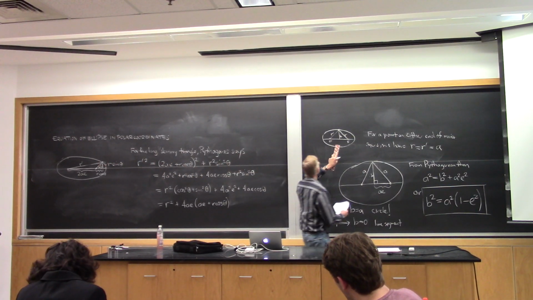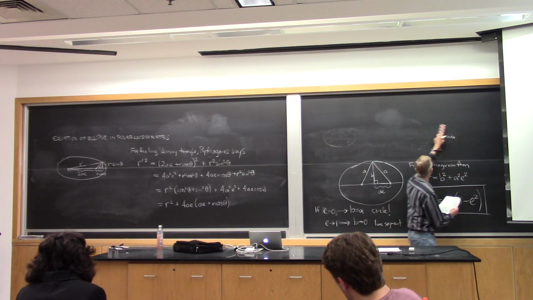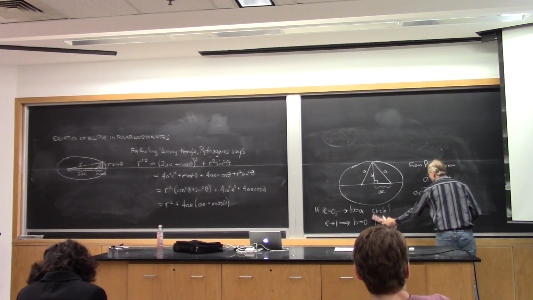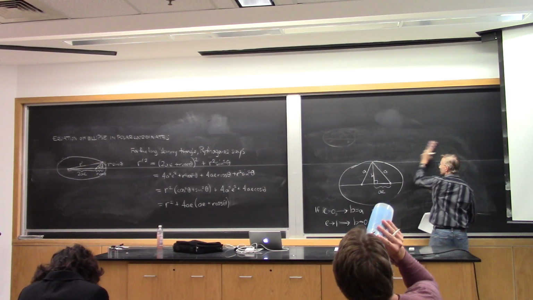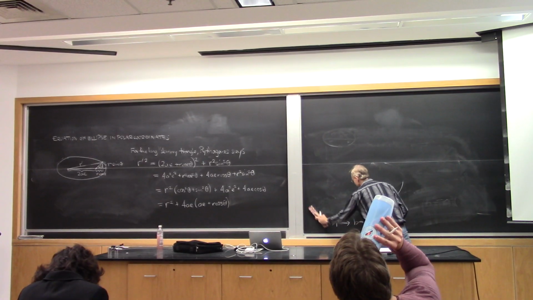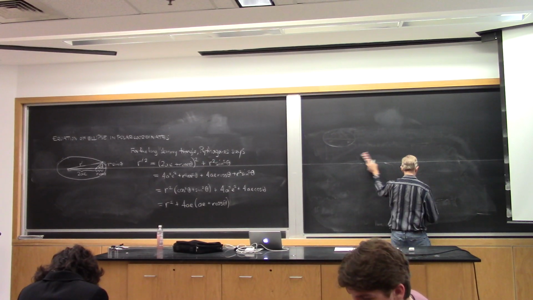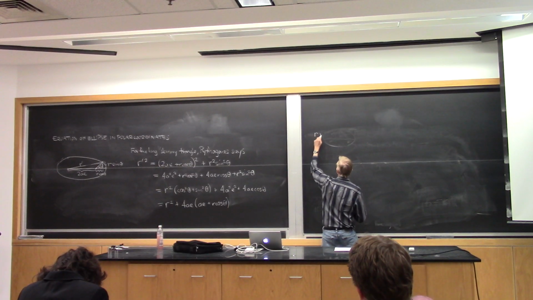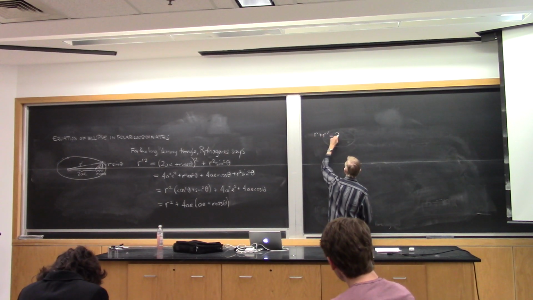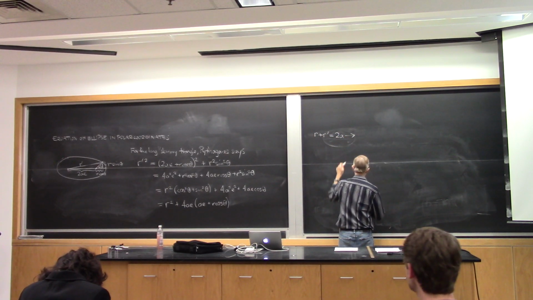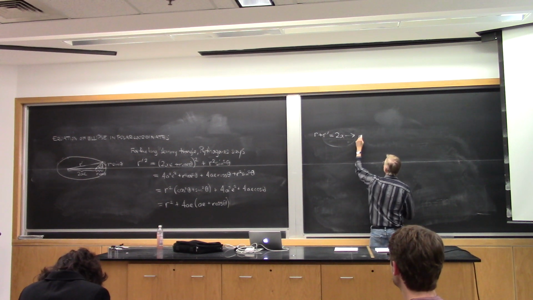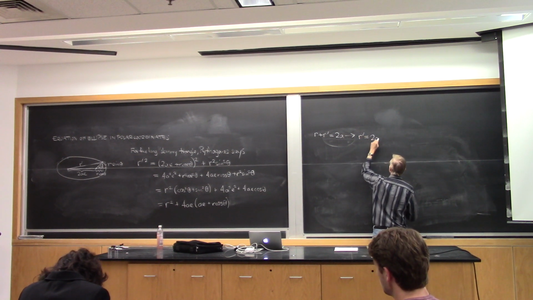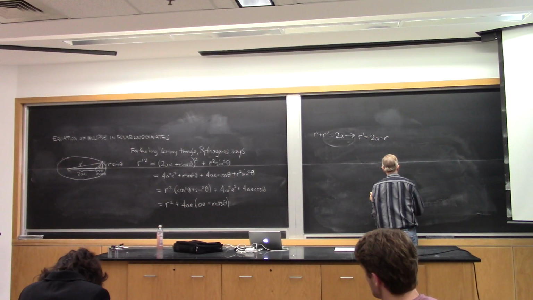And then we can say, since we know that r plus r prime is equal to 2a, well, that says that r prime is equal to 2a minus r.